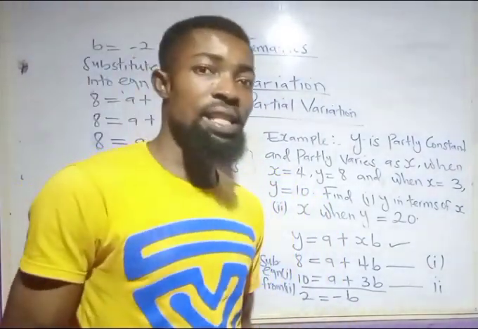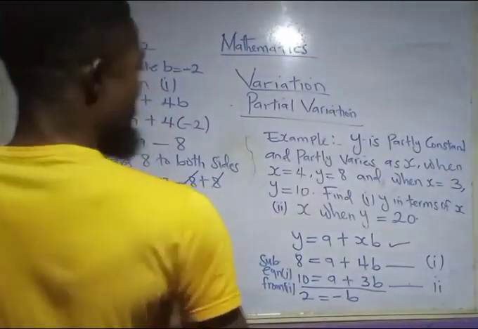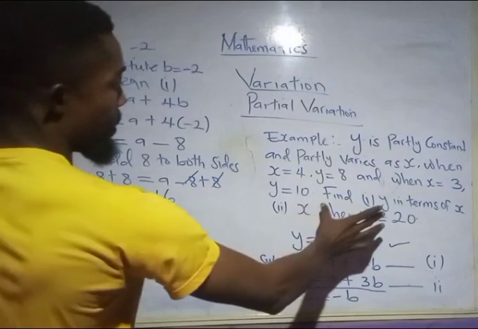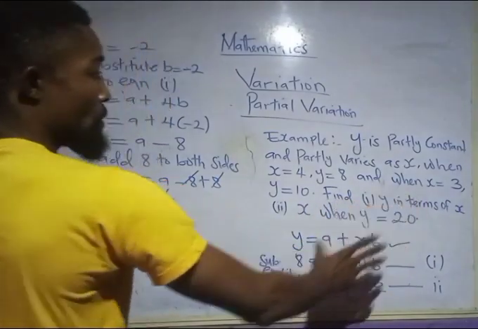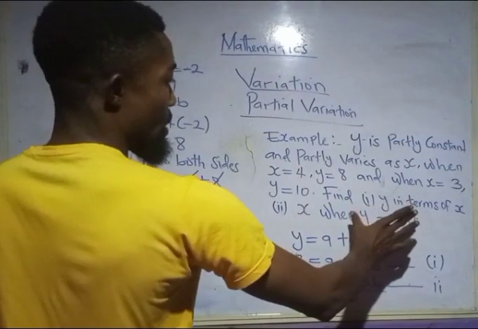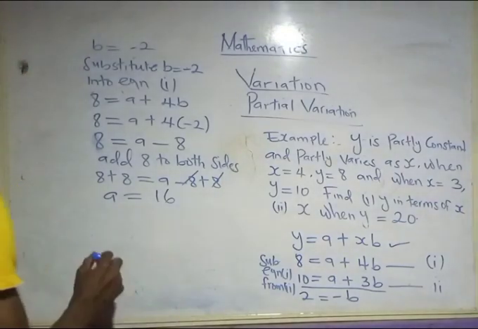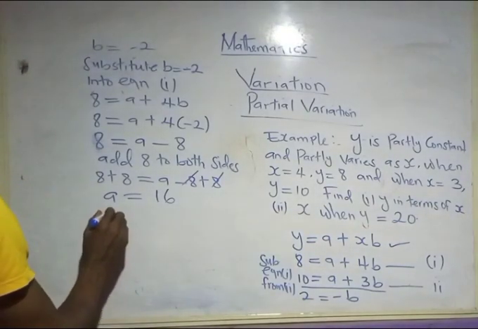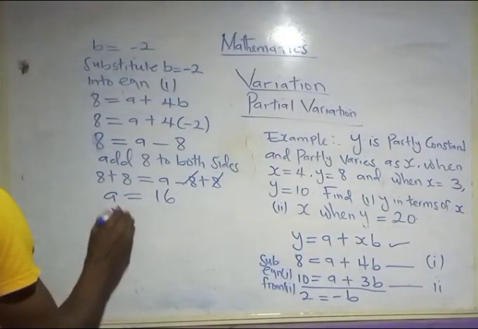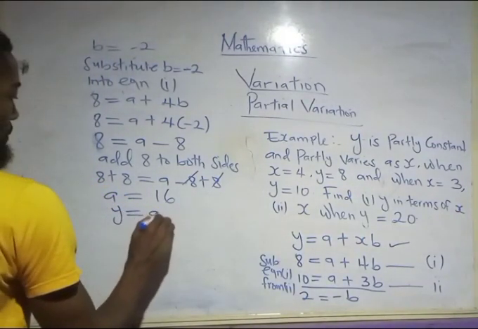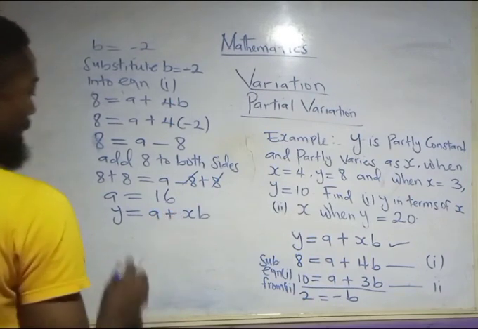So let's say if it is a year one in university, they will put it that way, or anyhow for you to prove what kind of relationship happens between them. So what do we need to do? First of all, we write the equation we have here. Y is equal to a plus xb, right?